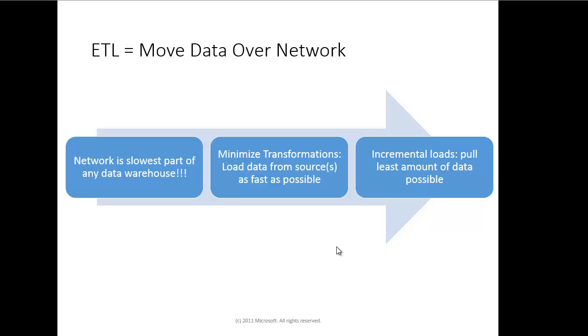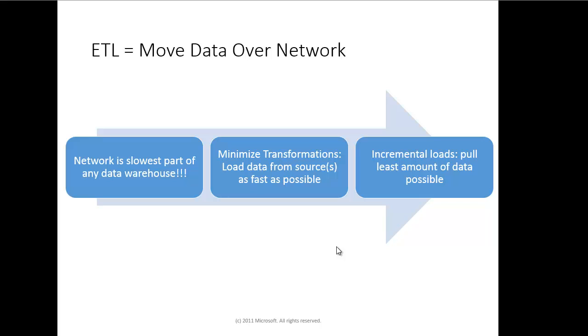So to begin with, an ETL at its most fundamental level is moving data from point A to point B. However, in virtually all data warehouse scenarios, the data that you are moving is located in a different place on your network, or even in a different network altogether.